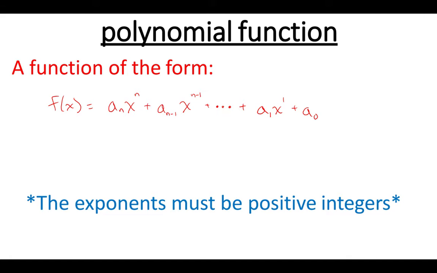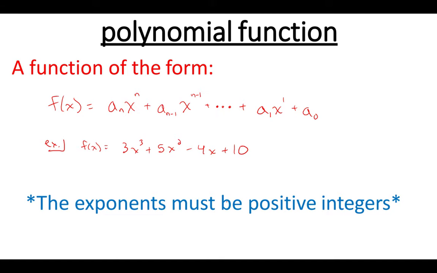Now, what does this mean? Well, essentially what this means is a function that looks sort of like this. F of x equals 3x cubed plus 5x squared, let's say minus 4x plus 10, something like that. That would be a polynomial.